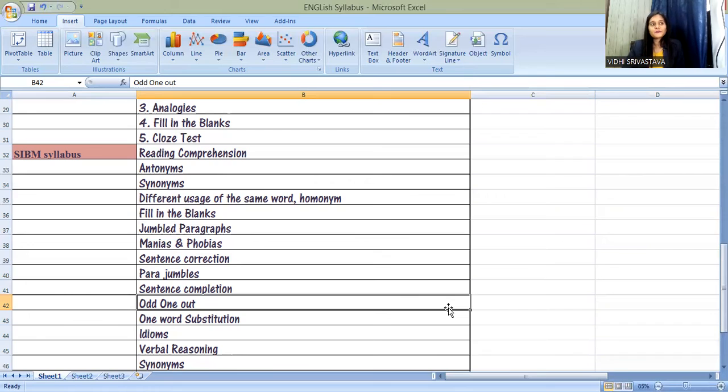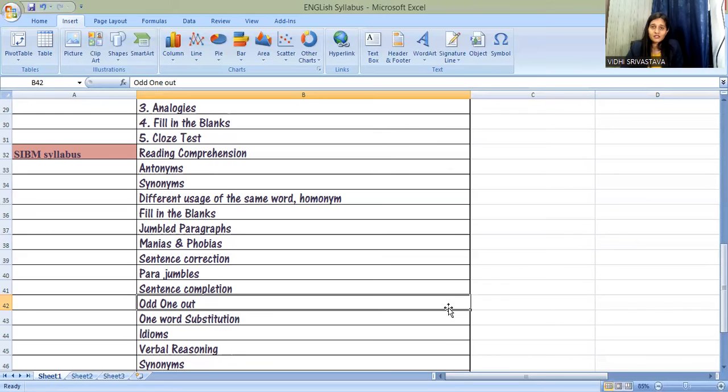Now in NMAT, time is very important because there are a lot of questions in English and you have quite less time to solve them. You have only about 30 minutes to solve a question set of 40, or 60, I think, in English in NMAT. Time is a very important factor in NMAT.